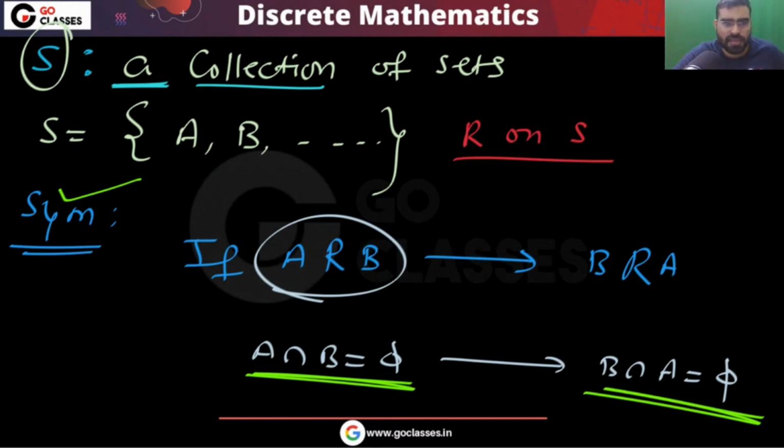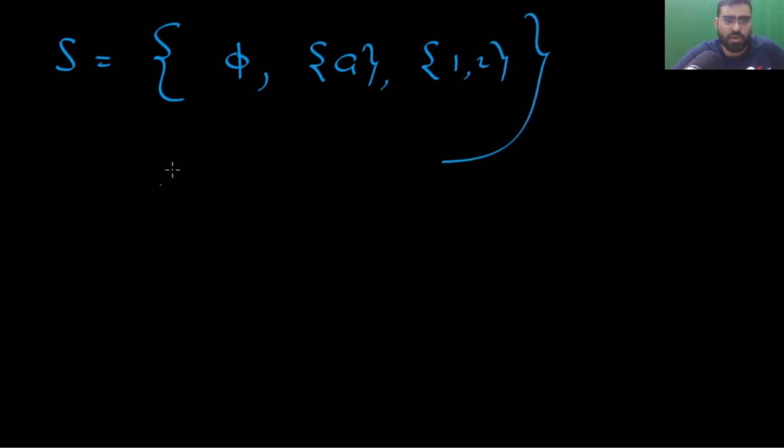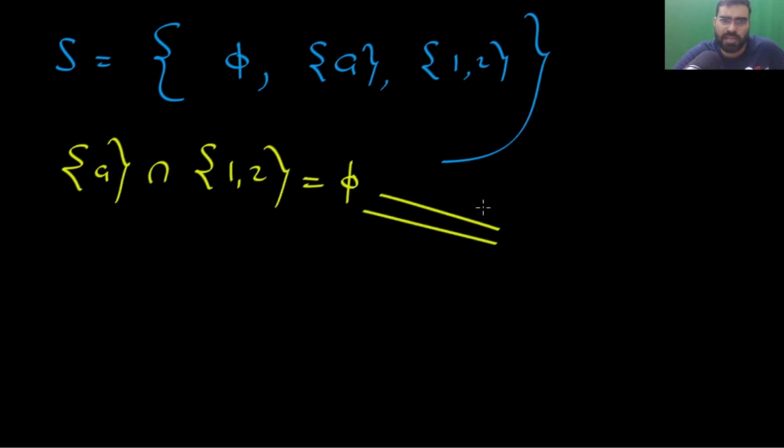Is this clear? If you want to see why the symmetric property is satisfied, you can take any set, whatever set you want. For example, consider this set. Now you can easily see that this intersection is phi. So automatically this intersection also will be phi.